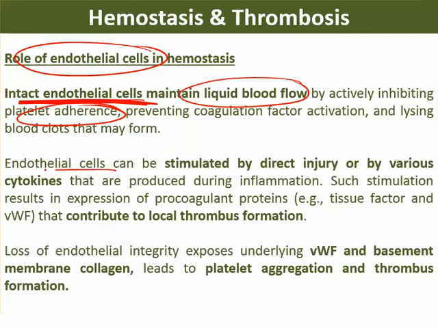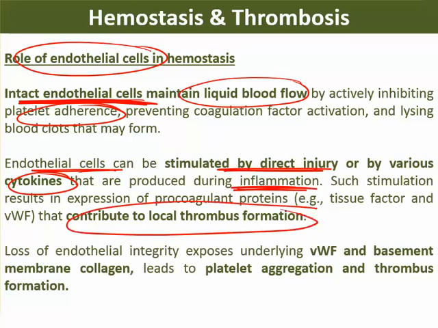If there is endothelial cell injury, then endothelial cells will release a lot of cytokines and chemical substances that produce inflammation, which can also lead to thrombus formation. One of the chemical substances you should know is von Willebrand factor, a very important one.